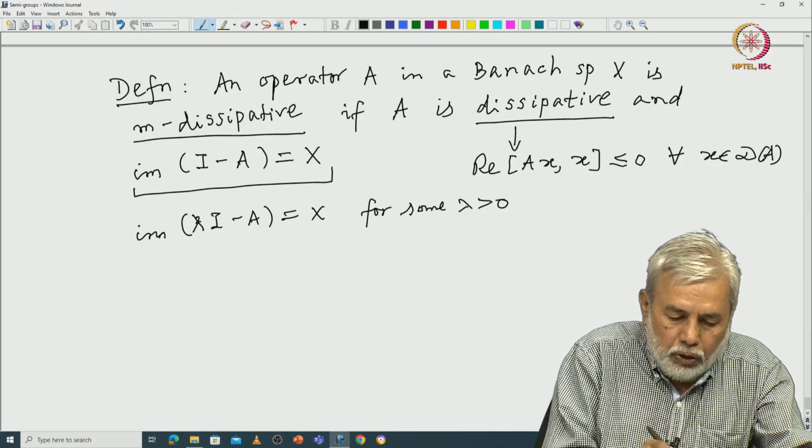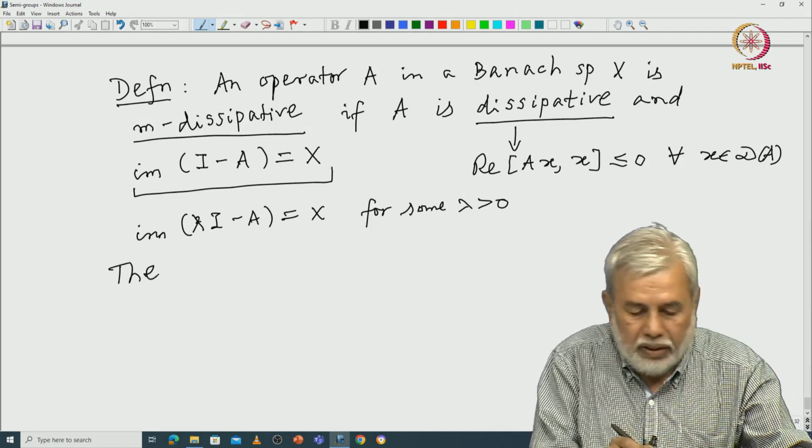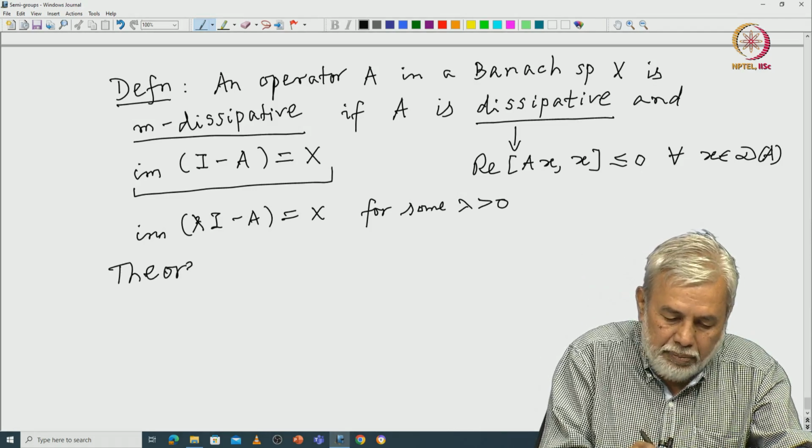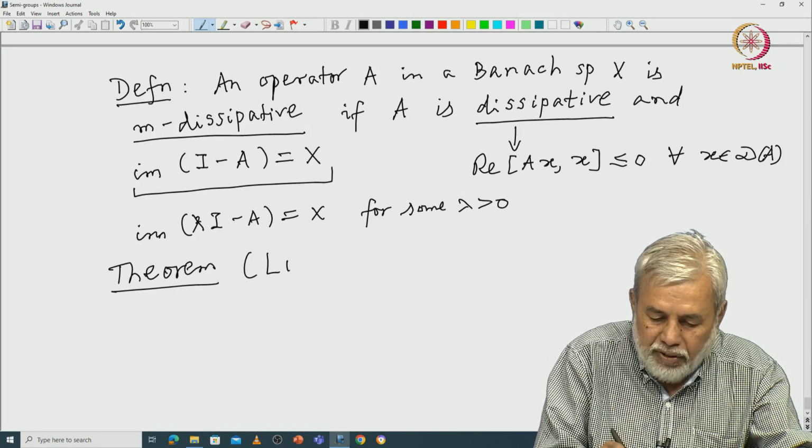Okay. So, here is the theorem. This is Lumer-Philips.